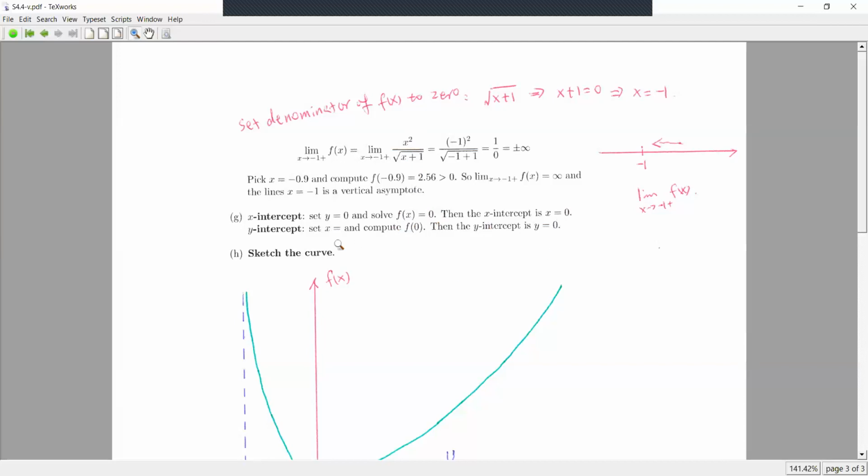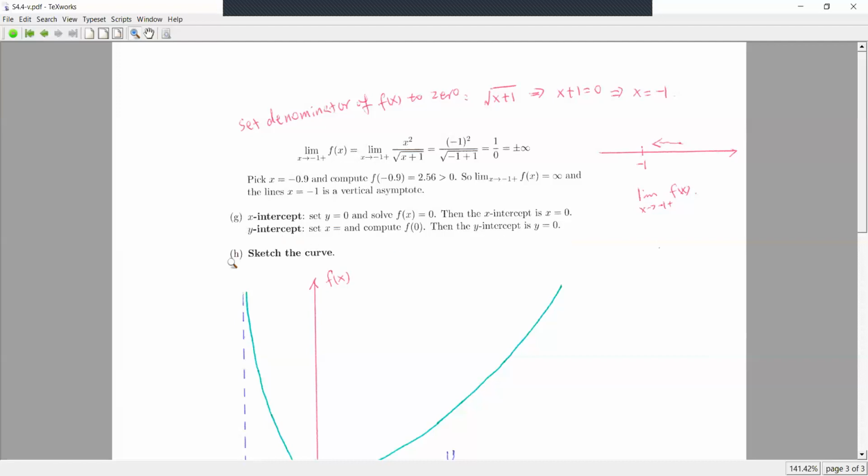To find the y-intercept, set x to 0 and compute the function value at 0. Plug in 0 for x, the function value at 0 is 0. So the graph of the function crosses the y-axis also at the origin. This is step number 7.